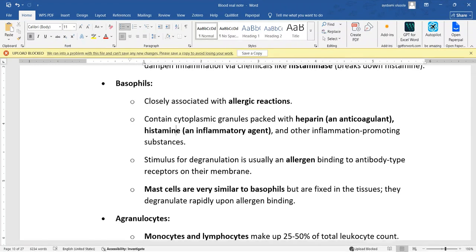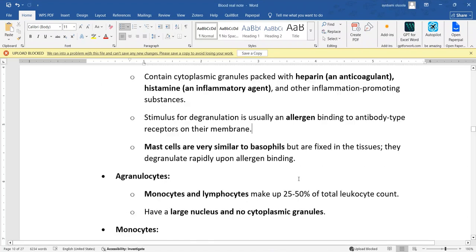Histamine causes inflammation in your body, and in fact that's why some drugs for inflammation are called antihistamines, because histamine release causes inflammation.